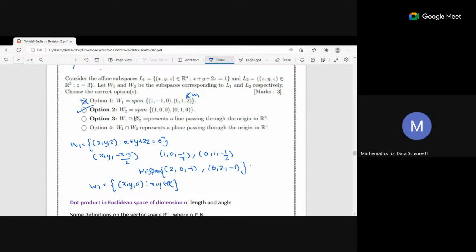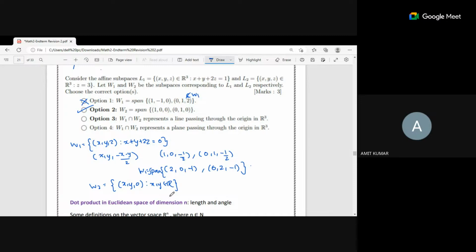Now what about option 3? W1 and W2 represent a line passing through origin in R3. Is that correct? What is the intersection of these two spaces? Yes, it is correct. The intersection is going to be x comma y comma 0, since z is equal to 0, and then x plus y is equal to 0.